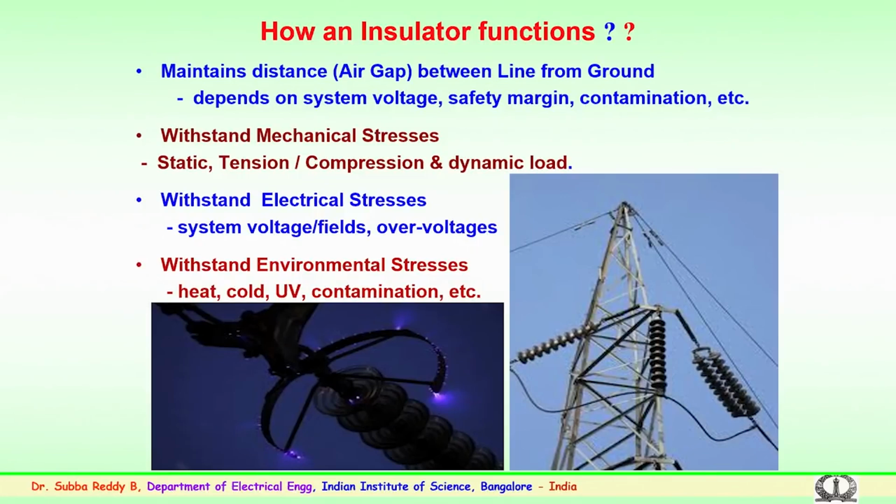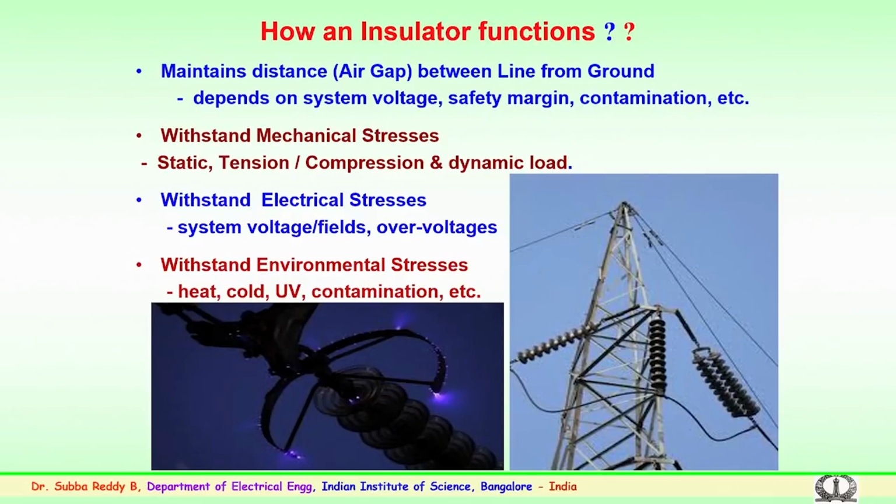Apart from lightning, we have the voltages which are developed because of switching effects, switching of the circuit breakers, closing or opening of the circuit breakers. So, switching surges are also developed.